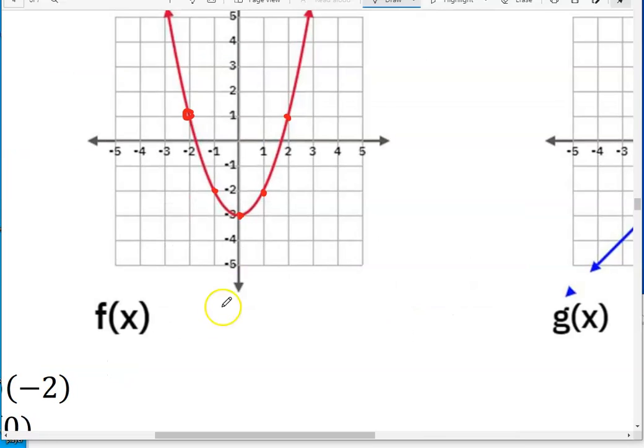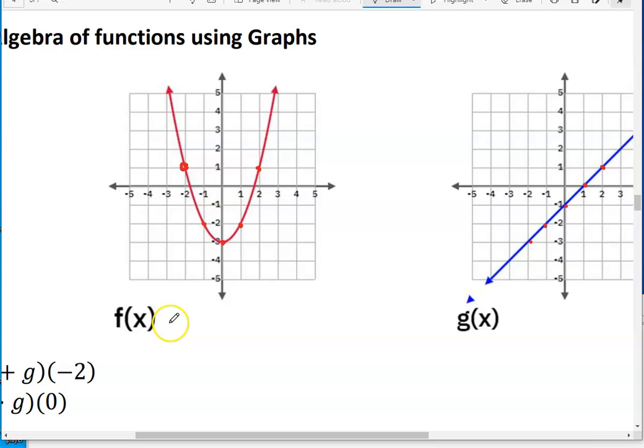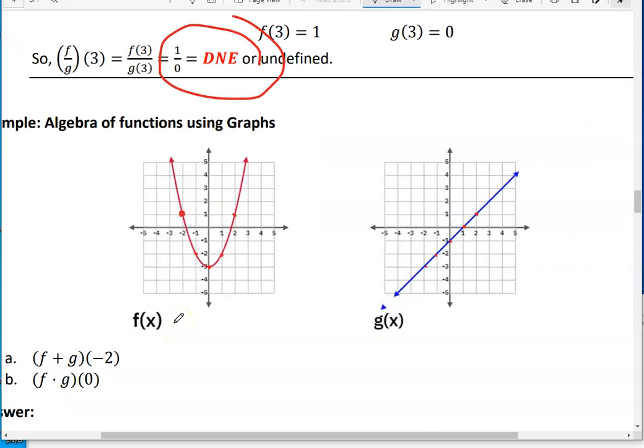Look at that. They've chosen an x of negative 2, and I know f of x at negative 2 has a pretty well-defined value, it crosses there at 1. I can see f of negative 2. When x is negative 2, I get a 1. So, f plus g at negative 2, let's put it in a form that maybe is less confusing.